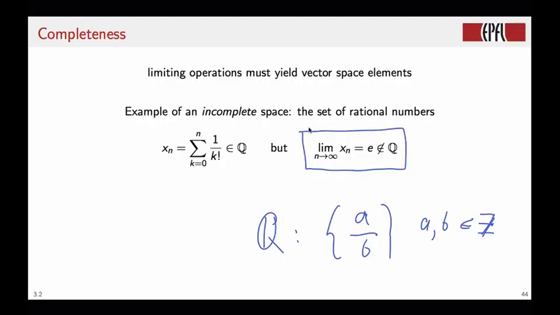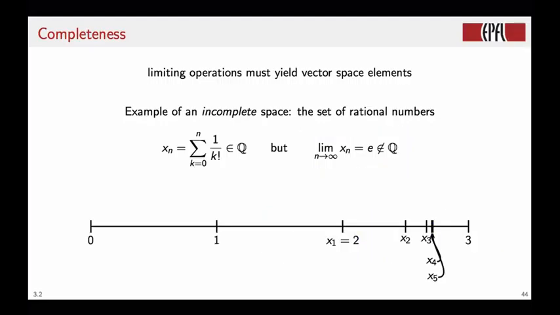So what's happening is that we do this sum, and the term x_1 is equal to 2, x_2 is there, x_3 is there, etc. But at some point the limit is actually an irrational number. And for those of you interested in this, that's one of the beauties of analysis: the set of real numbers is completely filled with rational numbers, however, there are these holes which are the irrational numbers.